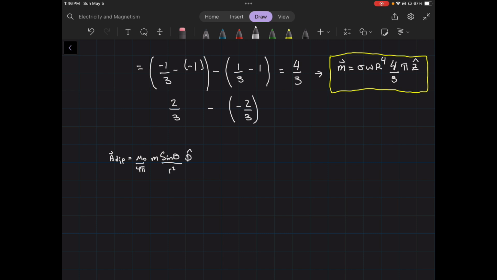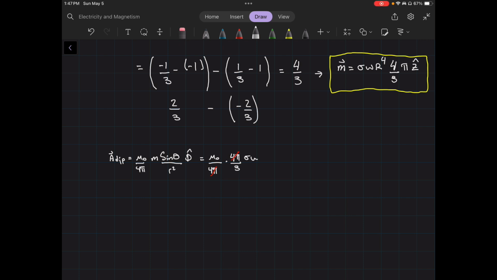And then we can go ahead and plug in our magnetic dipole moment and get mu naught over 4 pi times 4 pi over 3. And of course these will cancel.